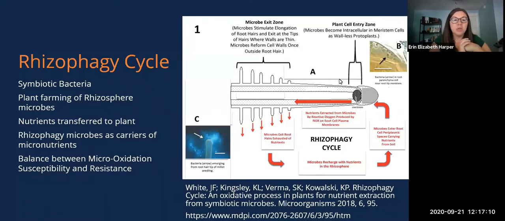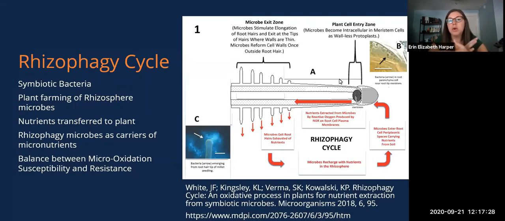So this can also be done by the plant in this meristem area, right around the root tip. It will actually put out proteins and lipids and sugars that will attract the microorganisms that it's looking for.